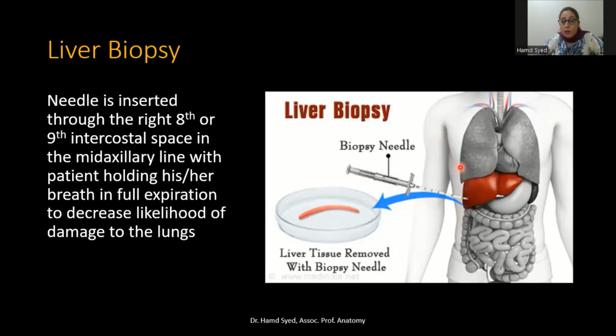So this is the site for taking a liver biopsy, where the liver tissue is removed and then it can be observed under a microscope.